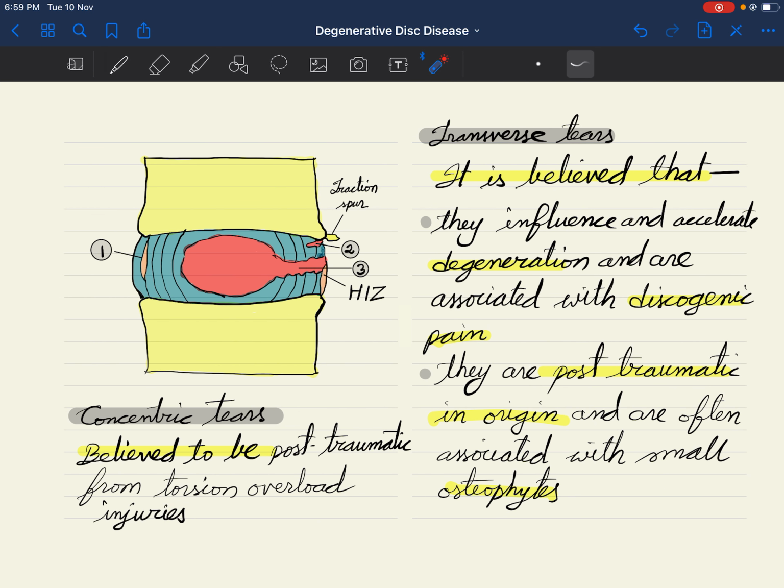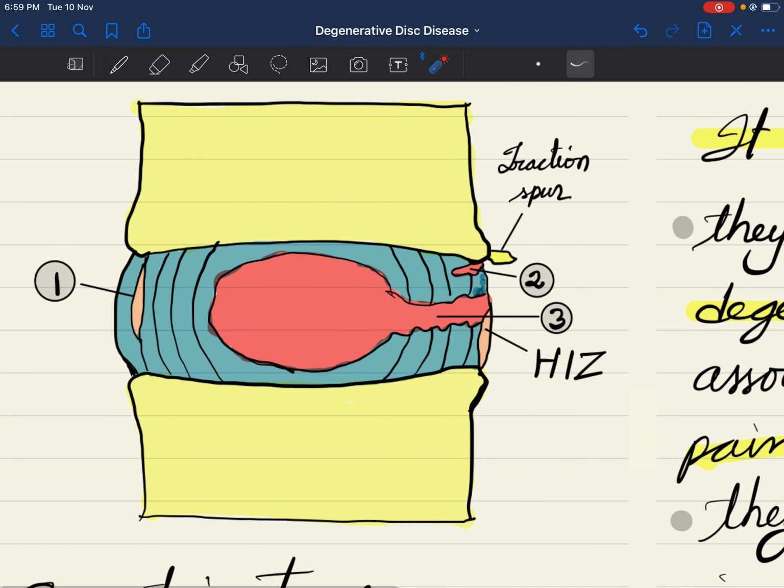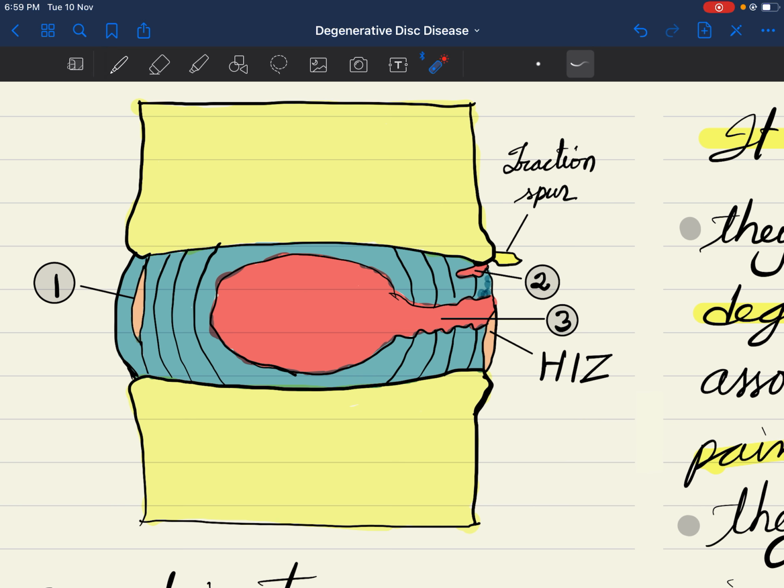So this is the image. Here we can see all the tears. In number 1, this is the concentric type of tear. In the concentric type of tear, the lamellae of the annulus fibrosus are torn apart. In case of transverse or rim tears, we see this tear in the annulus fibrosus just adjacent to the rim apophysis.